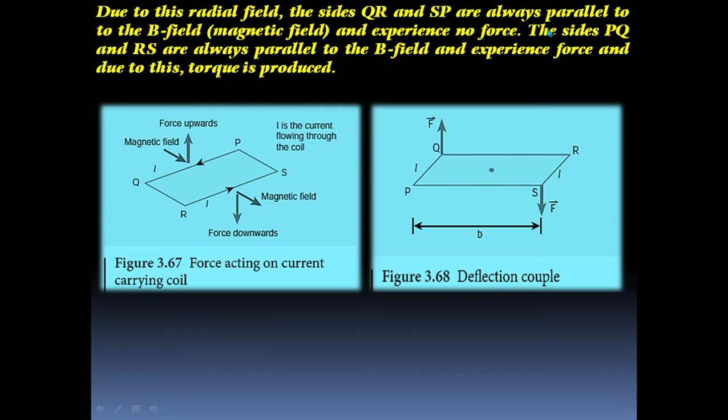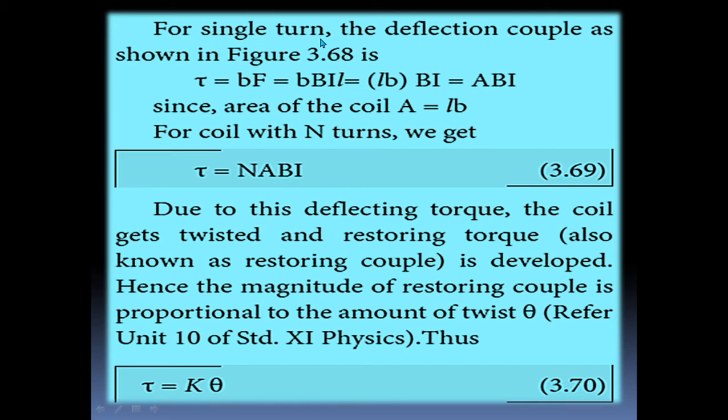Due to this, torque is produced. So the sides PQ and RS are always perpendicular to the magnetic field. Here is one mistake in your textbook: it says parallel, but they are perpendicular to the magnetic field and experience a force, and due to this torque is produced.